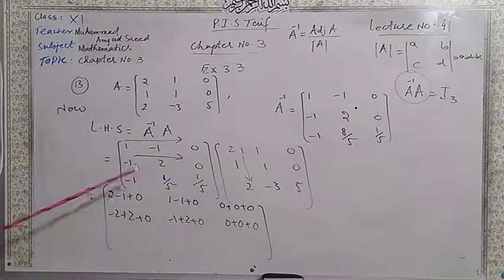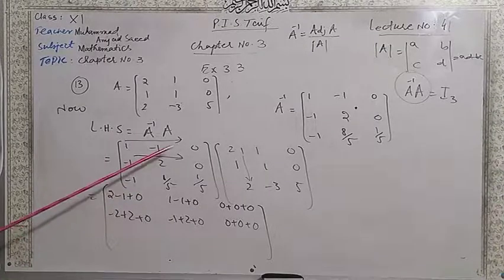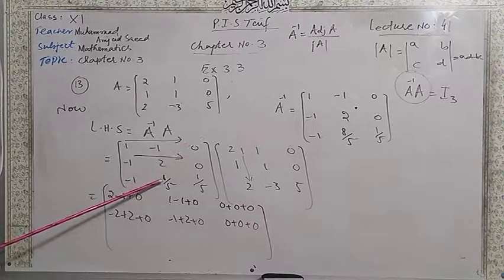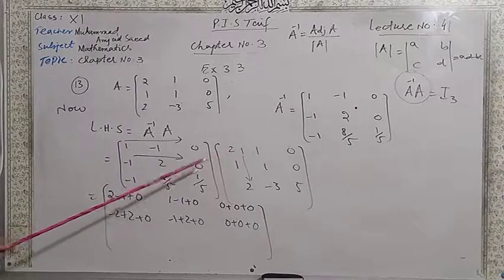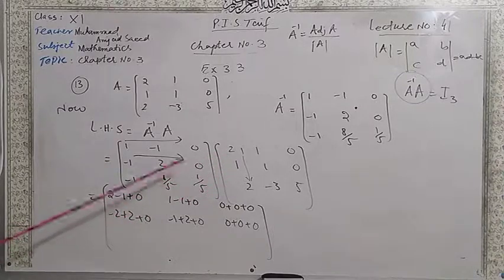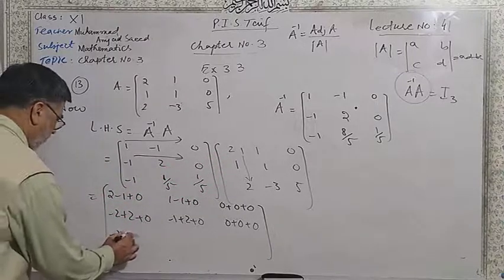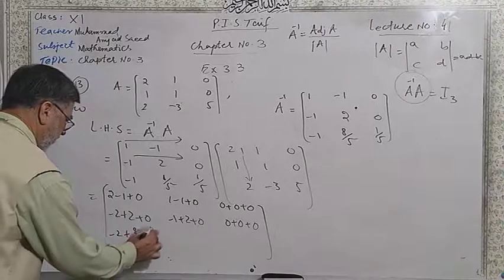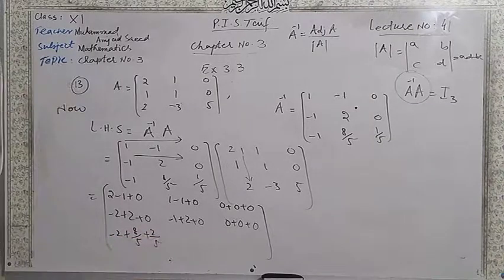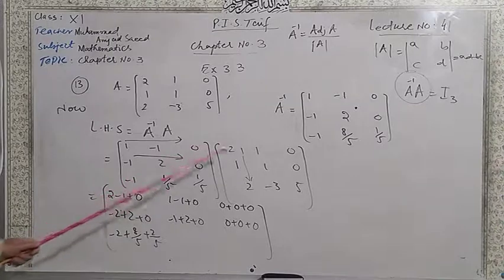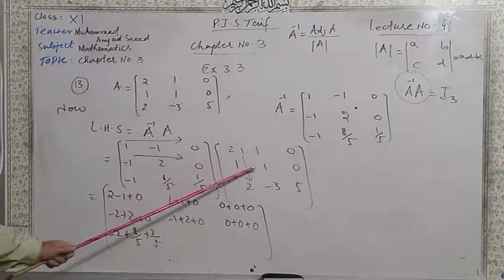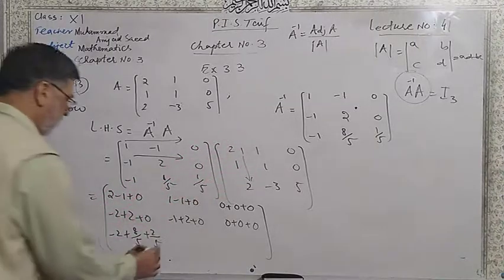Now the terms of the third row. First into first is minus 2, then plus second into second 8 over 5, then plus 2 over 5. Minus 2 plus 8 over 5 plus 2 over 5. Then minus 1 plus 8 over 5 minus 3 over 5.